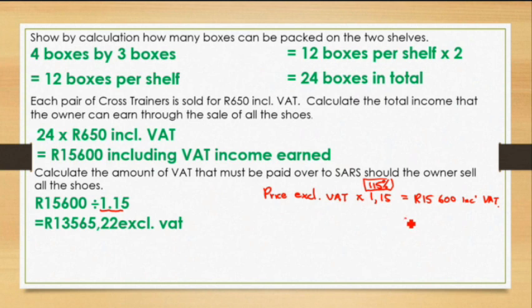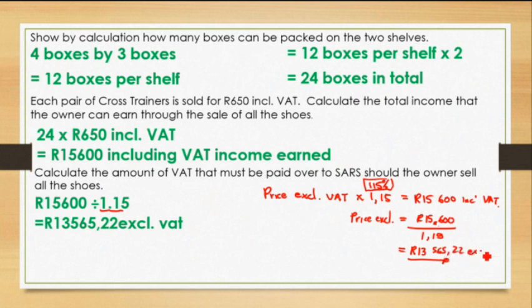Now, if I want to work out the answer without VAT, it means I have to say now the price excluding VAT would actually be 15,600 divided by 1,15. Then you get your answer as 13,565.22.